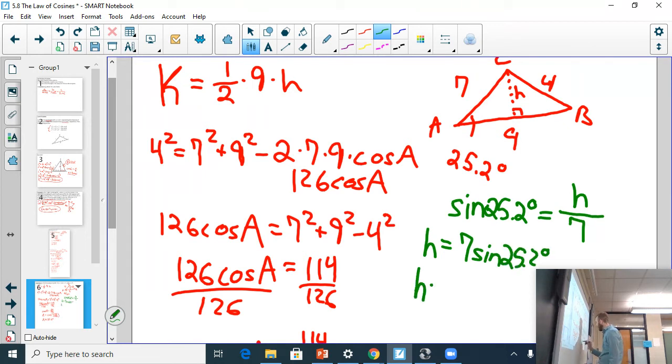And so then we're going to get h equals 2, basically 3. Rounds up to 3, actually.